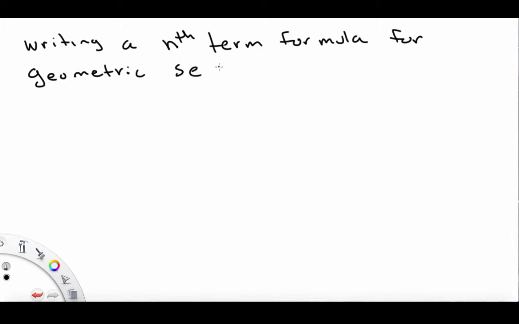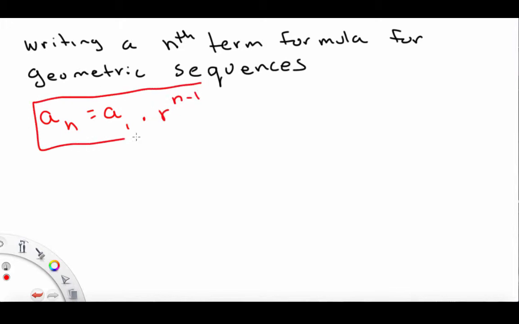Remember, arithmetic sequences had one as well. This one is a little different. It's a sub n equals a sub 1 times r to the n minus 1. Here's how it works.